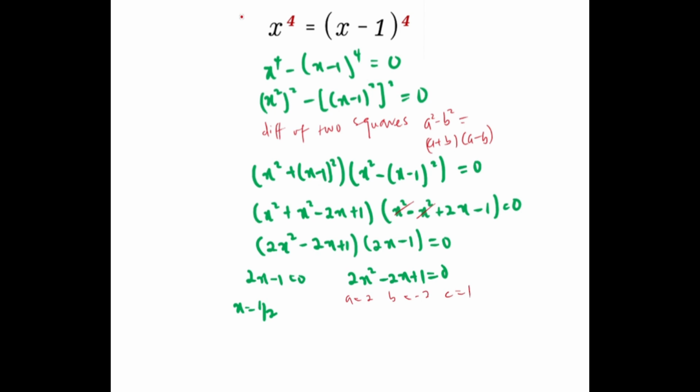So using the quadratic formula approach, which is x equals minus b plus or minus the square root of b squared minus 4ac, over 2a.